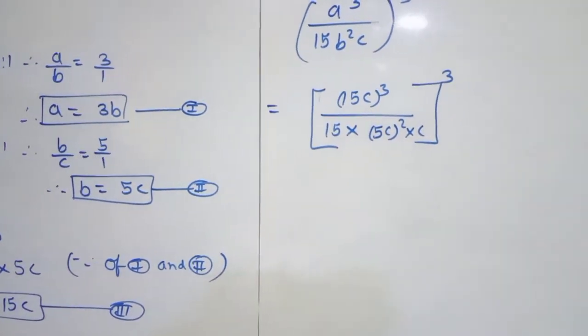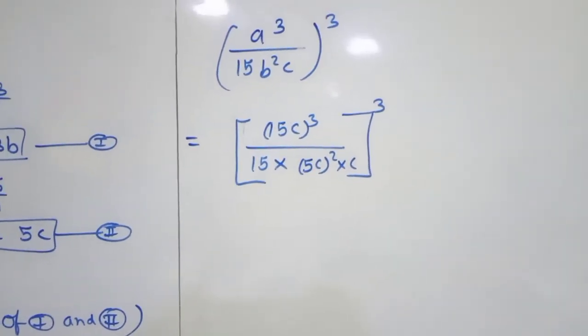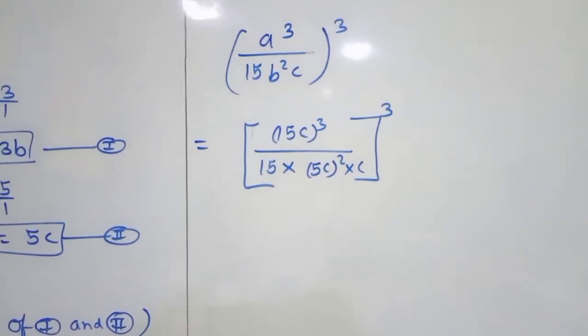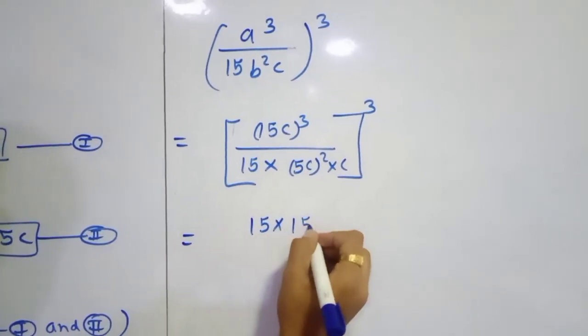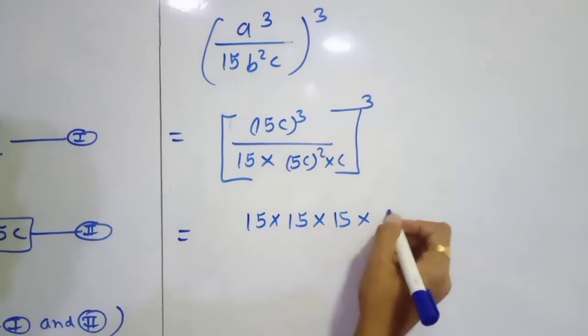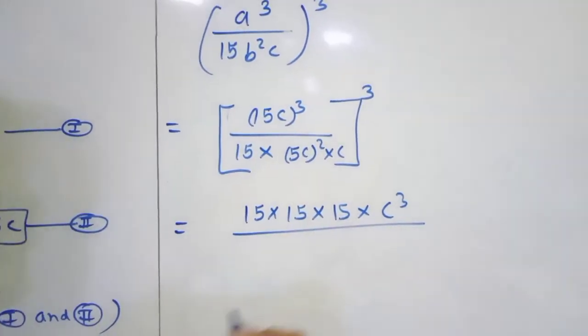Now, what will be the next step after substituting the value? Can we write this as 15 into 15 into 15 into C cube? The cube of 15 is written 3 times.